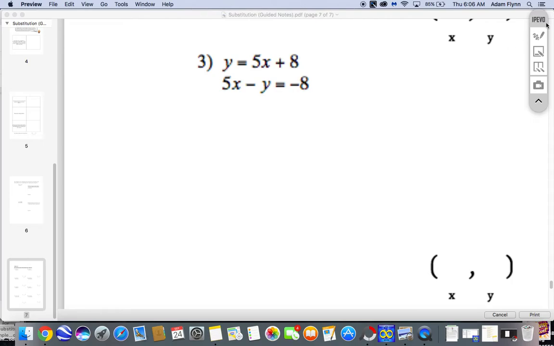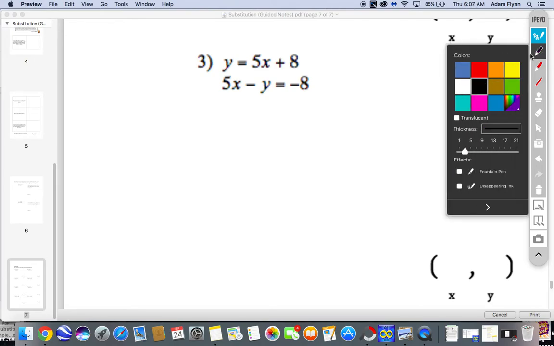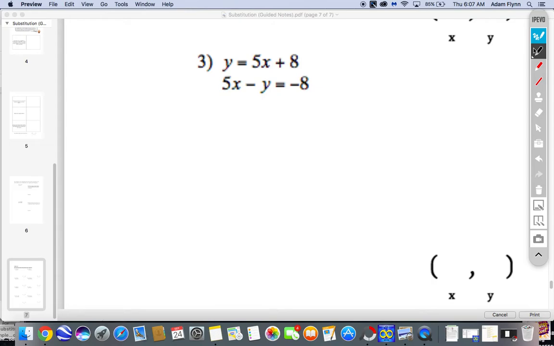So taking a look at number 3, these would be like the second example problems that we did on our notes, okay, where only one of our variables is isolated, which is totally okay. All we need is one variable isolated. So because one of our variables is isolated, which is y in the top equation, I can take this 5x plus 8 and I can substitute it in for y in the bottom equation.